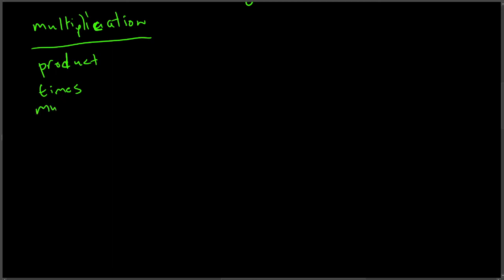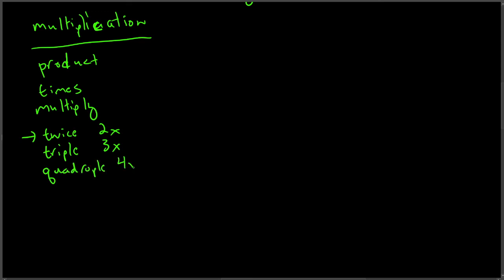We can say multiply. We can do some very specific multiplications, twice, which is 2 times, triple, 3 times, and sometimes you'll hear quadruple, which is 4 times. And there are specific words that we have for a certain quantity. Of will sometimes be used to multiply.